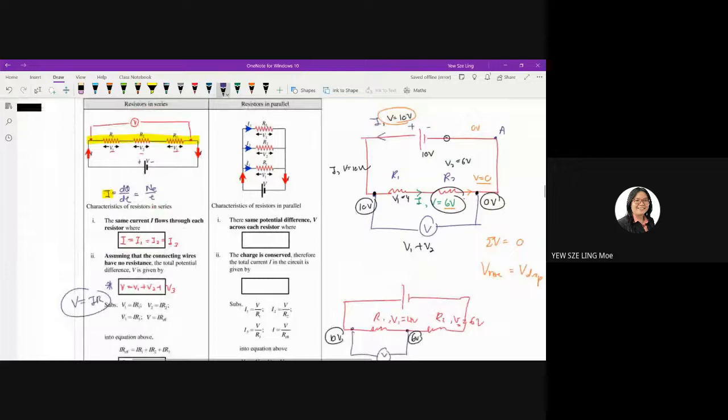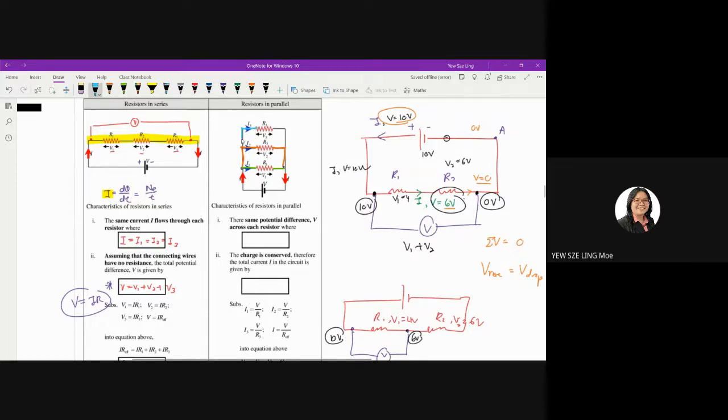Whereas for resistors in parallel, if you look at the diagram, all their legs are joined together at the same junction. For example, R1, both legs are connected to the same junction. R2, again, is joined at the same junction.